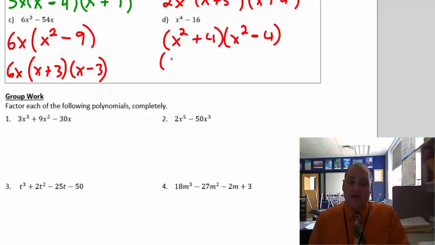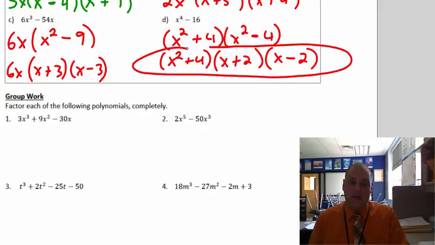Okay, so I'm going to carry down x squared plus 4. I can't do anything with that. I can factor x squared minus 4. That can be x plus 2, x minus 2. So x squared plus 4, x plus 2, x minus 2 are the factors of x to the 4th minus 16. All 3 of these are the factors of the x to the 4th minus 16.